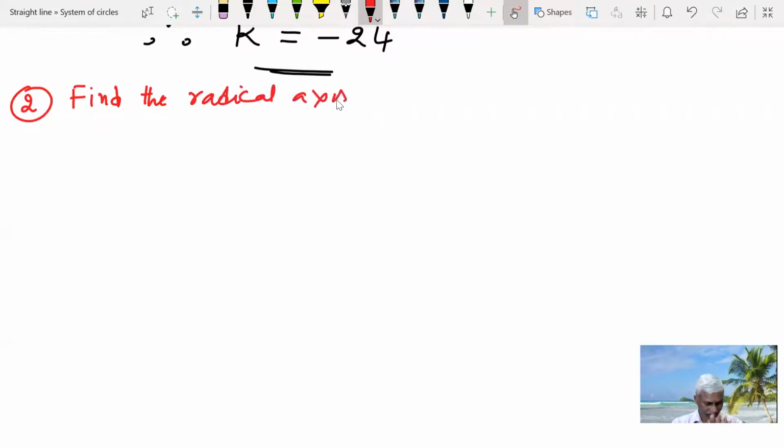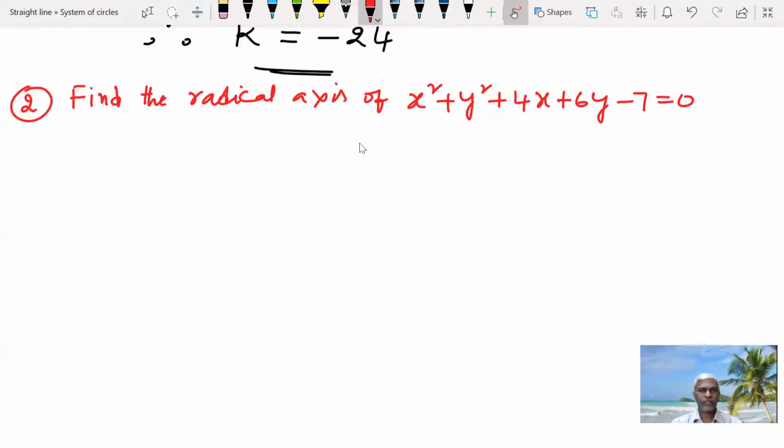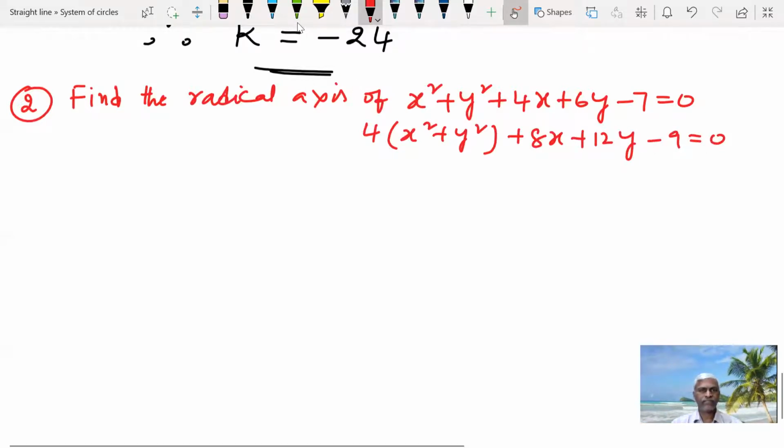Radical axis of x square plus y square plus 4x plus 6y minus 7, first circle, and 4 into x square plus y square plus 8x plus 12y minus 9 is equal to 0.